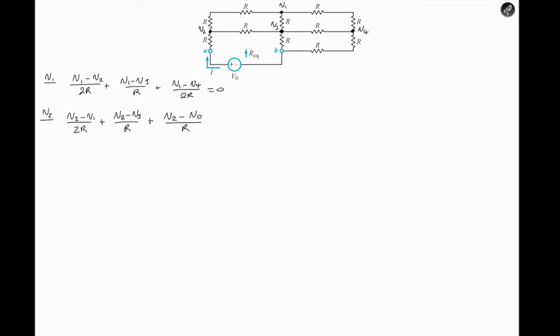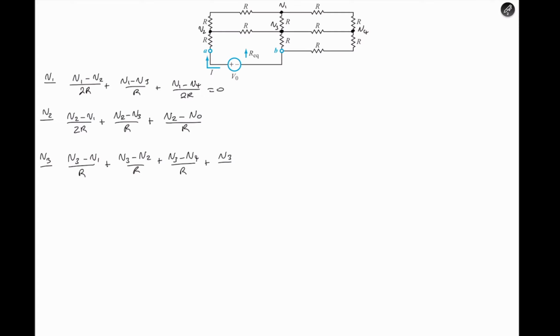Then we move to node V3. So V3 with reference to V1 all over R, plus V3 with reference to V2 all over R, plus V3 with reference to V4 all over R, plus V3 with reference to ground.